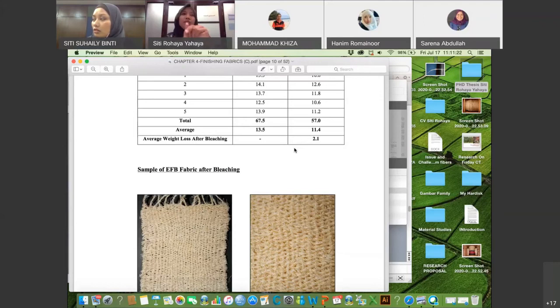I use scientific and non-scientific approaches. In the scientific one, it took less than 20 minutes for bleaching. But for the non-scientific, which is the traditional way, I use Clorox and hydrogen peroxide. We need to measure the quantity of the hydrogen peroxide. It takes more than 1 day to bleach that fabric.